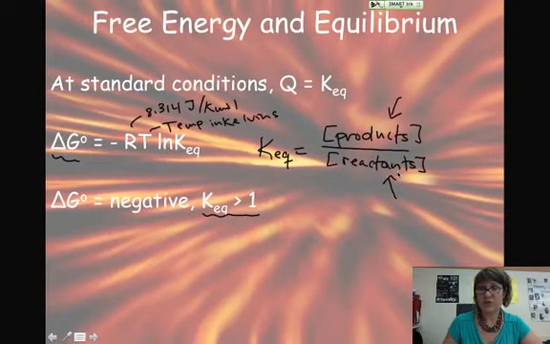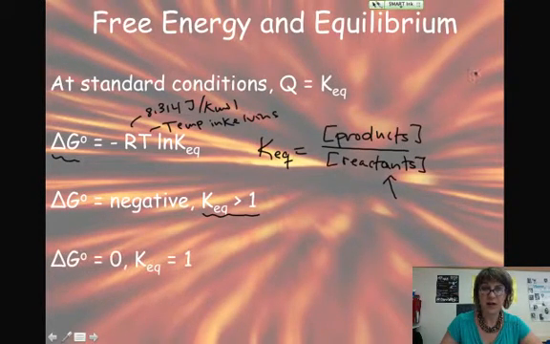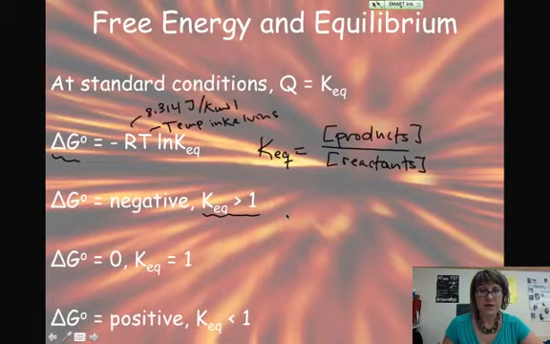And so our fraction would be some number bigger than 1. On the other hand, if delta G is equal to 0, then the products and reactants are exactly the same, and our KEQ is equal to 1, because some number divided by itself is equal to 1. If delta G is positive, then that means KEQ must be less than 1, because reactants are favored.